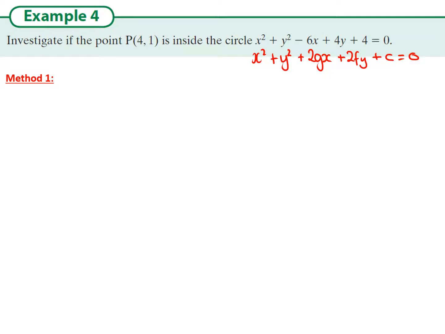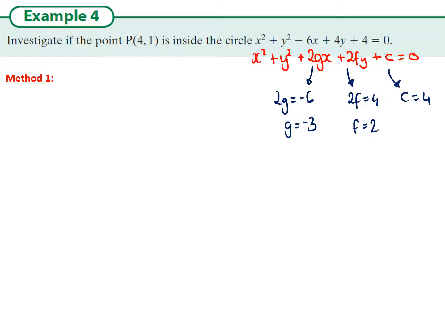Okay. So I'm going to work through here. My 2g is equal to -6, so g is equal to -3. Here I have 2f equals 4, so f equals 2. And here I have c equals 4.